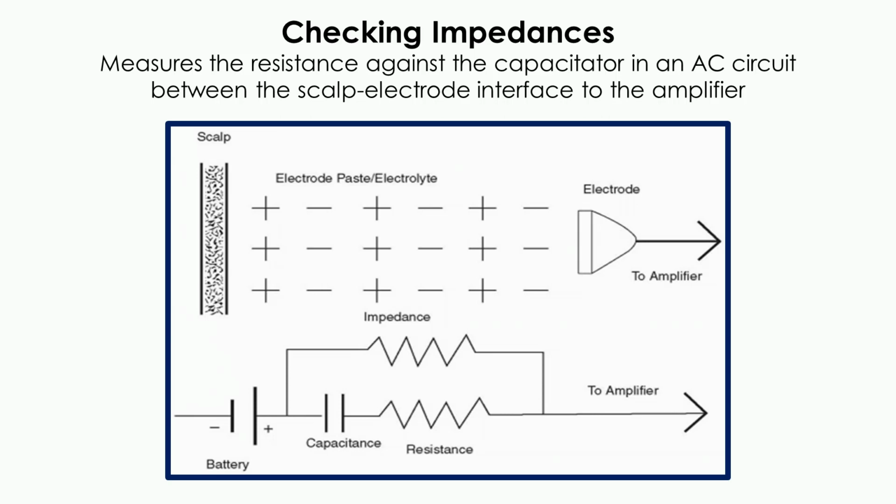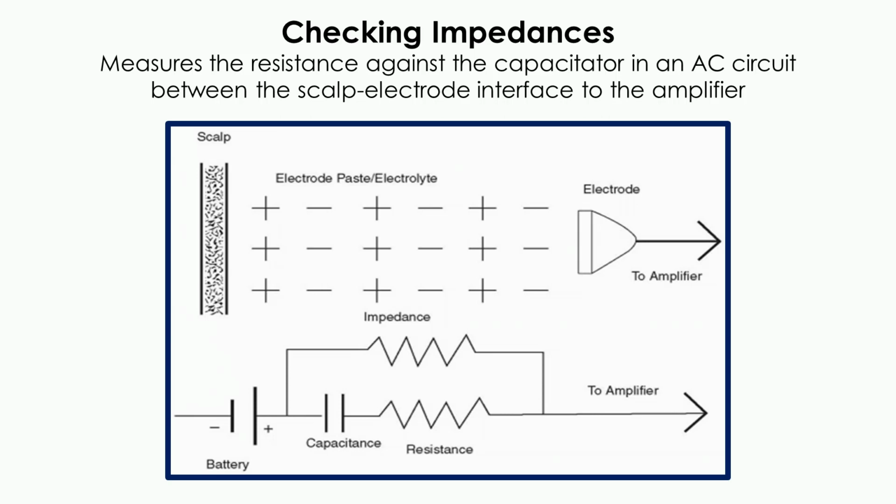The top portion of the diagram is a closer look at the scalp electrode connection, with the middle portion showing positive and negative charges that are passing through the paste to the electrode that then goes to the amplifier.